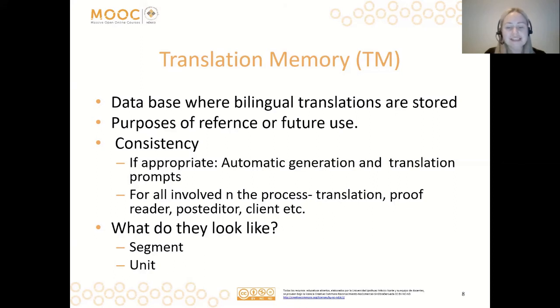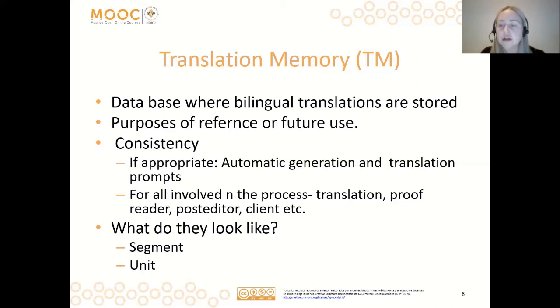So a translation segment of a source text can be a phrase, a whole paragraph. It can be a heading. It can be a language element, like an adjective, let's say, that we find within a row of our translation memory. Remember, our translation memory is a table.